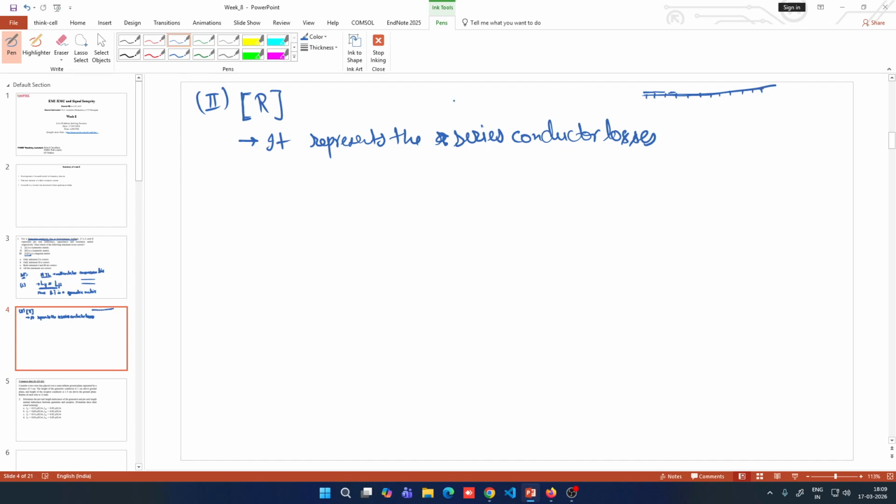So this R matrix represents the series conductor losses.